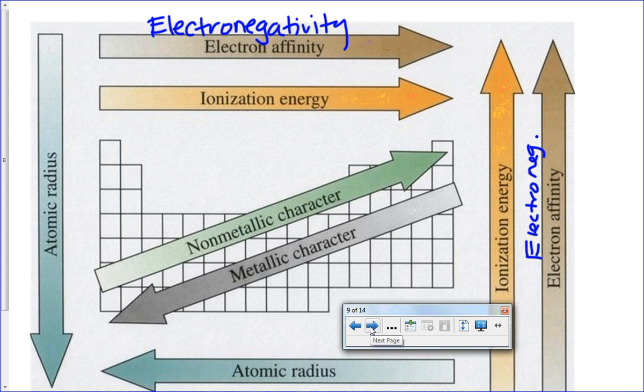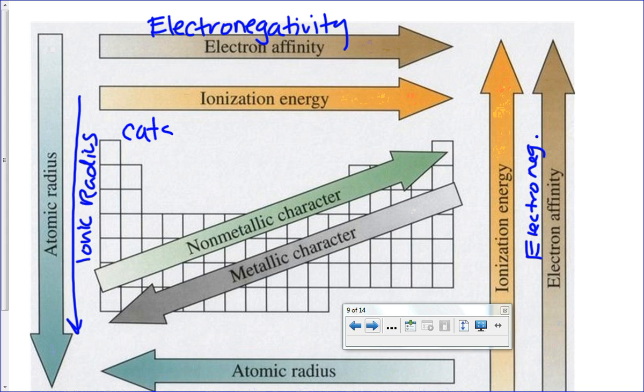That's ionic radius. Ionic radius typically increases from top to bottom. And going across the periodic table, it depends on whether you're looking at a cation or an anion. For the most part, cations get smaller, and anions get bigger.